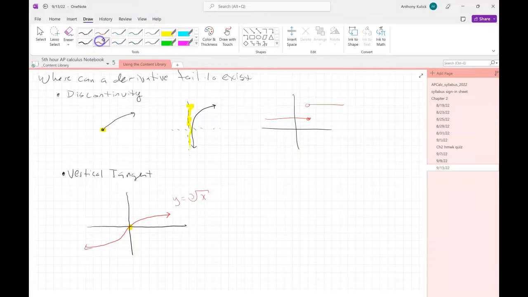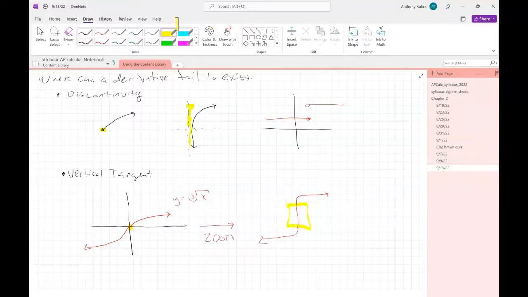Right here, if we zoom in, what you're going to see is that the function kind of does this. Kind of does that if you zoom in enough.